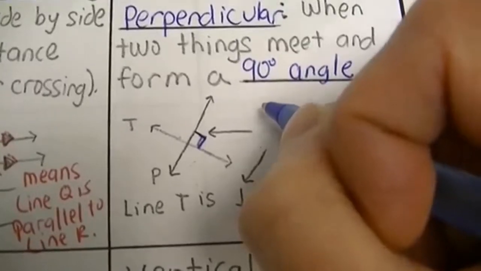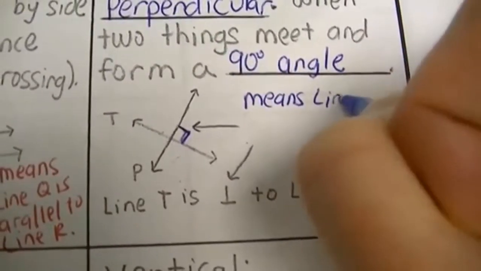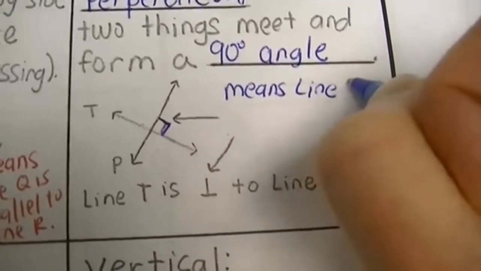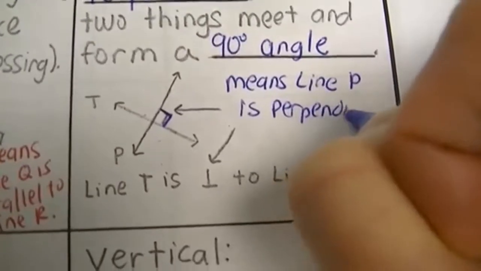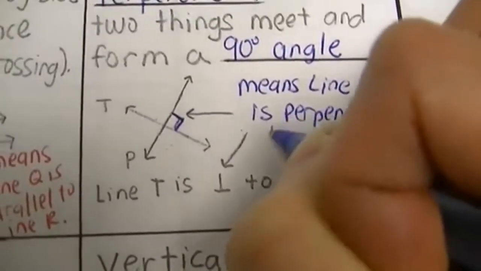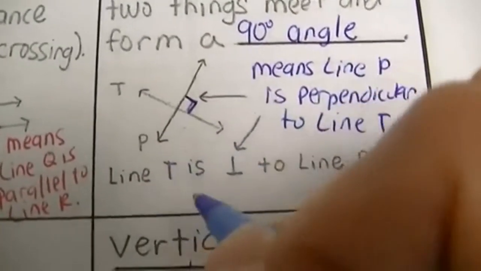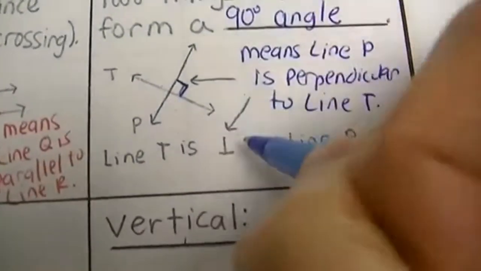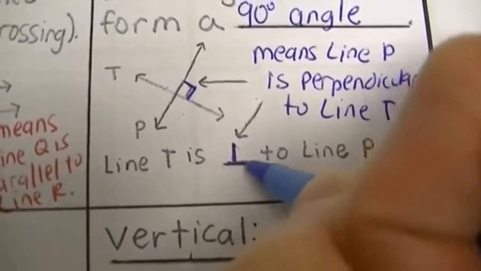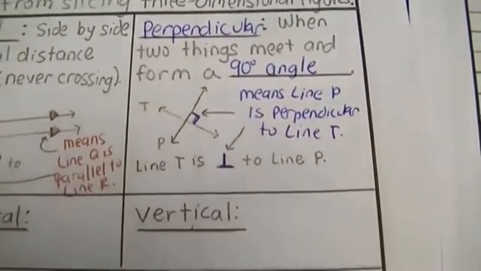This means line P is perpendicular to line T. Another symbol you'll notice is the upside-down T. Line T is perpendicular to line P. That means the same thing.